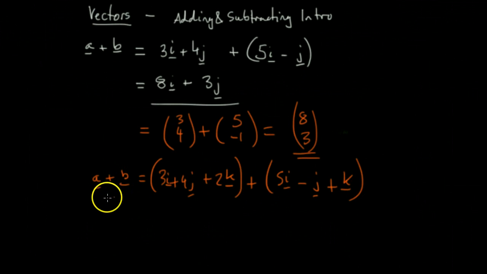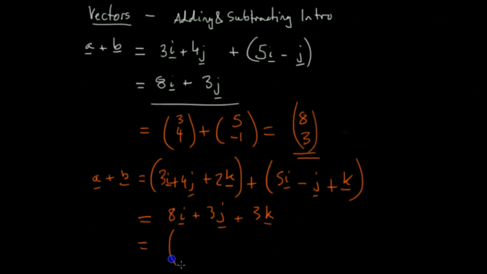So keeping this like this, then that would be 3 plus 5, 8, 4 minus 1, 3, 2 plus 1, 3. So that would be, writing it all out, 8i plus 3j plus 3k.